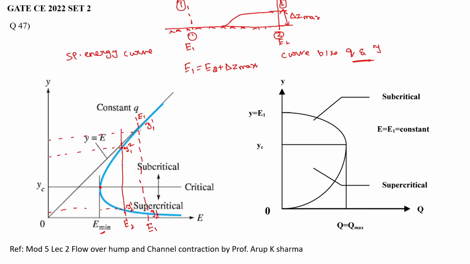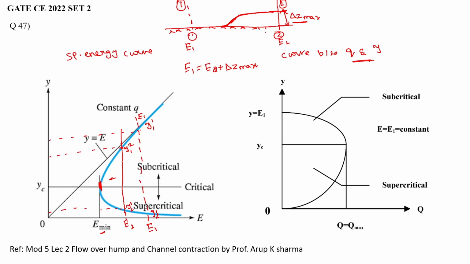As you increase the height of the hump, this line moves towards the critical energy position. After a certain raise in the hump, when we reach z max, the energy available at this flow is E minimum.